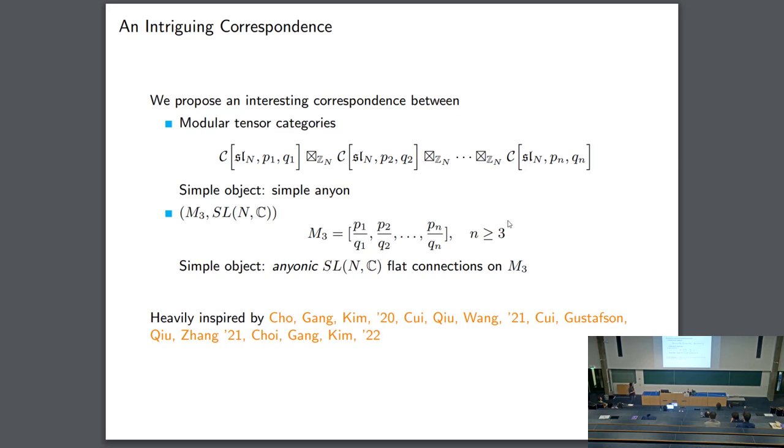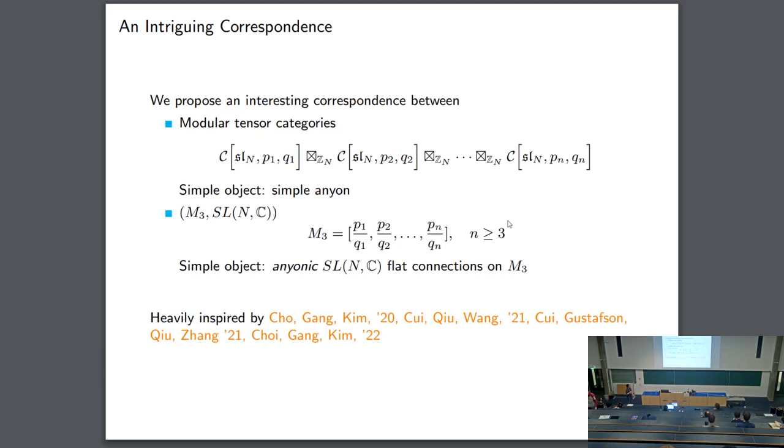I will explain what all those symbols mean later, but the idea is that whenever you have an MTC constructed this way, there should be a geometry constructed this way and vice versa. And for simplicity, I will take the group to be SL(N, C) here, but it should be generalizable to other cases.